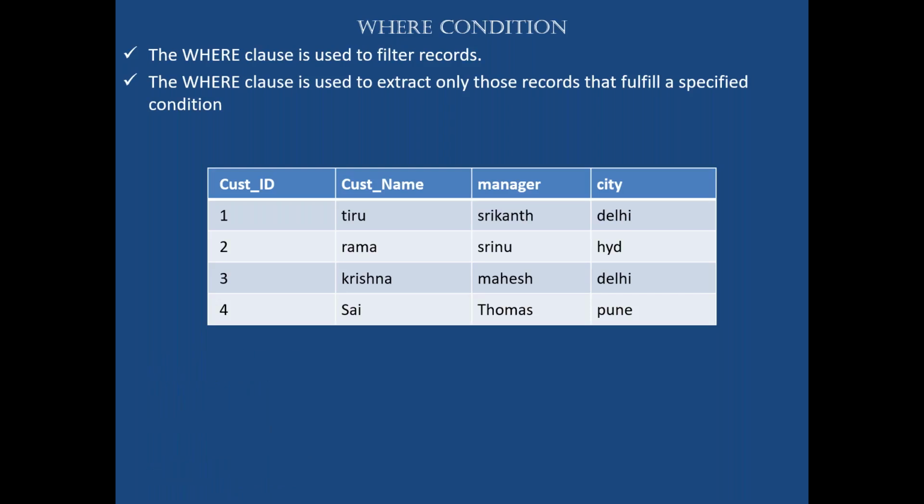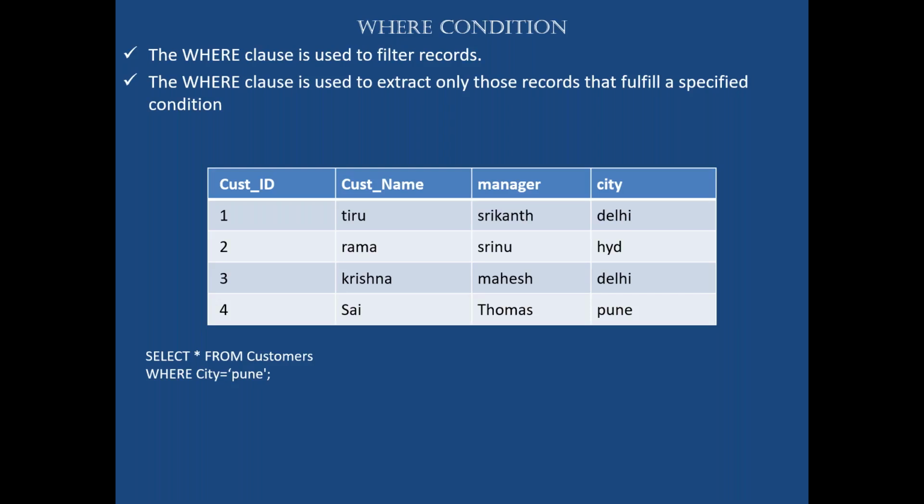Now select star from customer, meaning all the data it will give, out of which I am filtering where city equal to Pune. Tell me how many records will come? One. Only one record, because there is only one record with Pune.